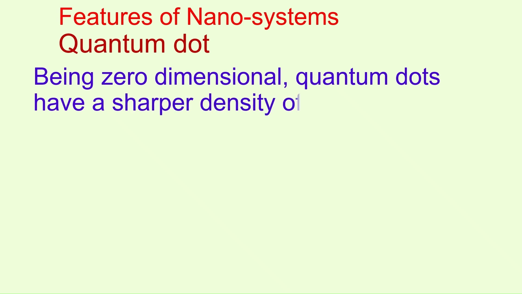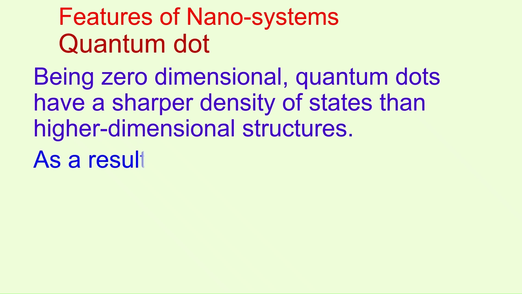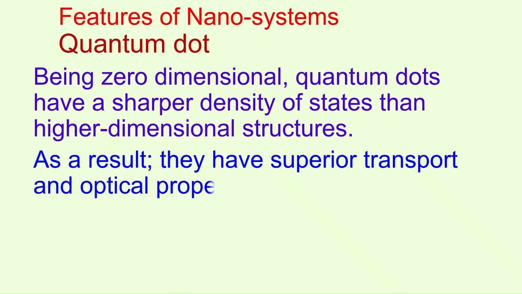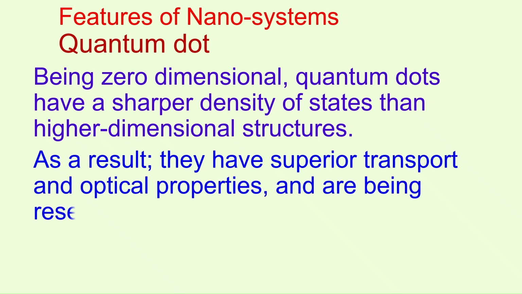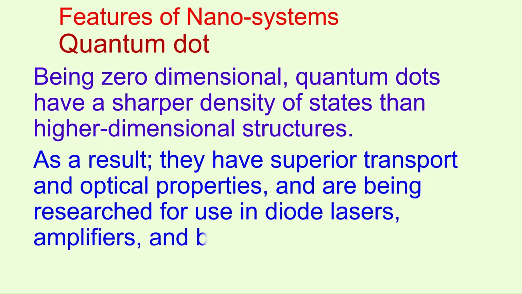Being zero-dimensional, quantum dots have a sharper density of states than higher dimensional structures. As a result, they have superior transport and optical properties and are being researched for use in diode lasers, amplifiers, and biological sensors.